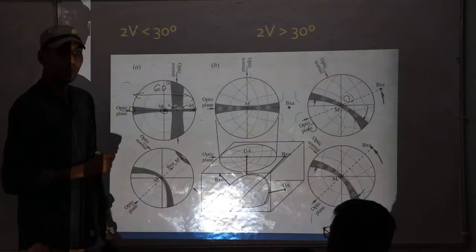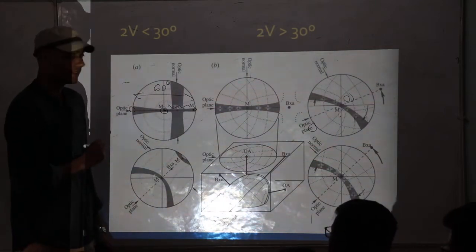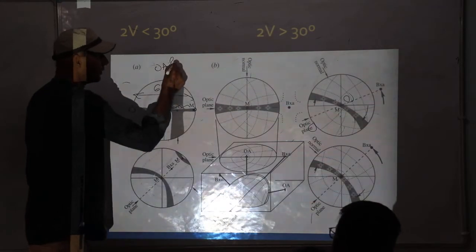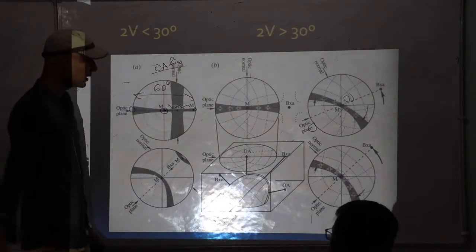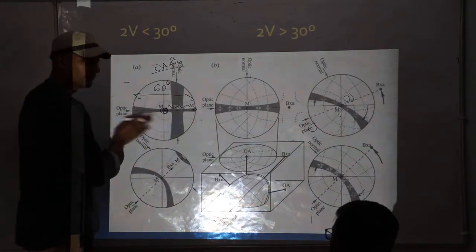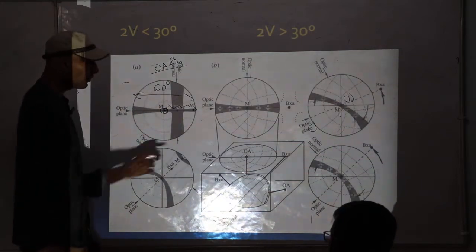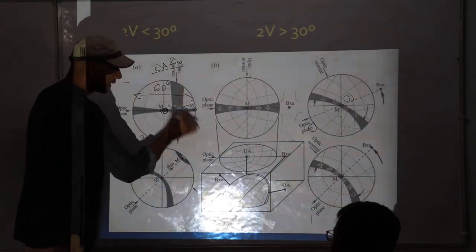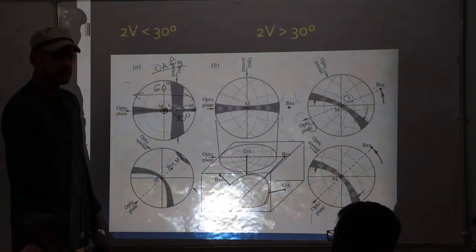If you are taking the optic axis figure, one melatope is at the center, which means this part is omitted. You can view the next melatope within this much distance, which is 30 degrees.